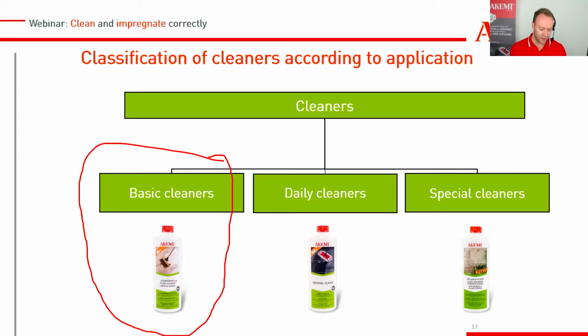It's called like that, AKEMI stone cleaner. This is the alkaline basic cleaner, so that's a good thing. You can use it on all materials. Here you don't have to worry about limestone or marble. The stone cleaner you can always use. And it takes care of, let's say, 80% of standard dirt, which you have on a floor after construction or on a countertop, you can remove with this stone cleaner, with these basic cleaners.